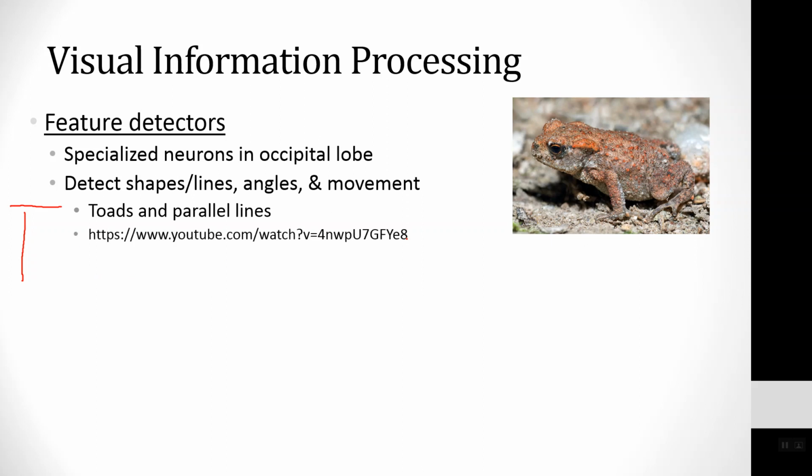If you want some more information about feature detectors, go to this website on YouTube. They're going to talk to you about a very classic experiment done with cats and lines, sharp edges. And so cats are rather attuned to that as well. Okay, so there we go.